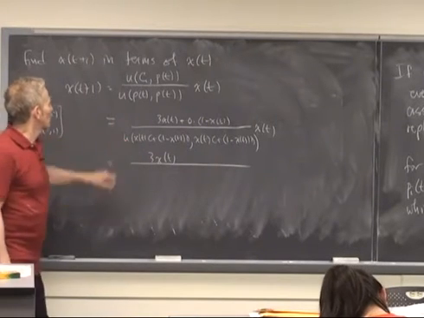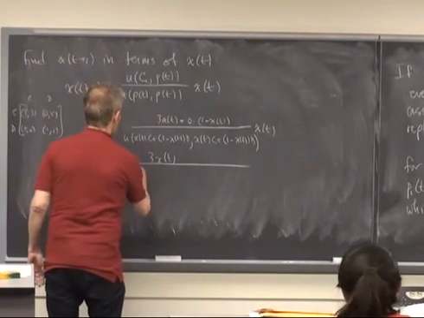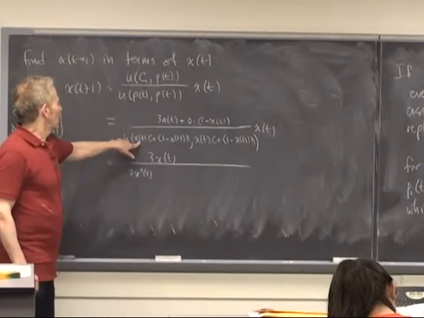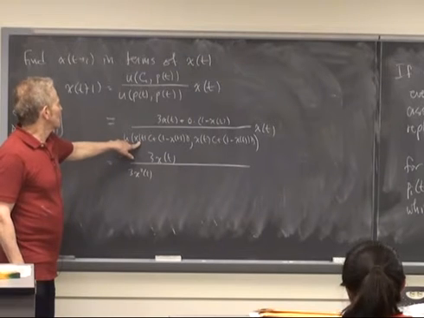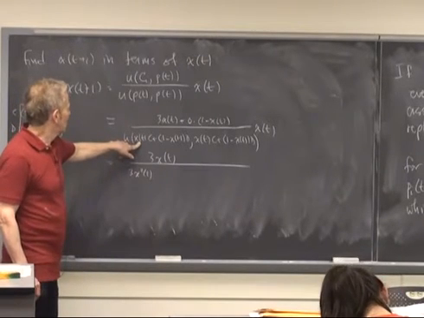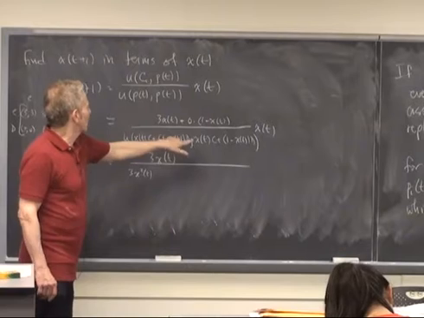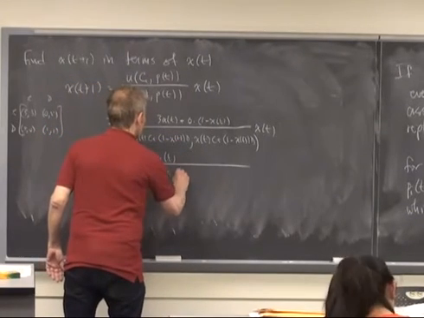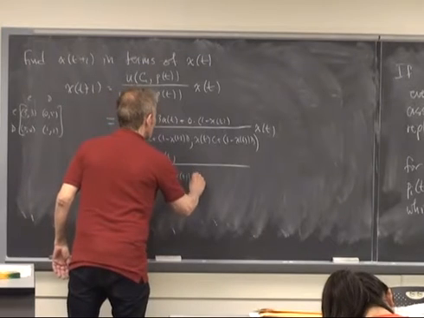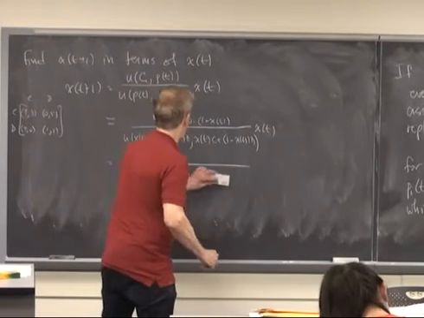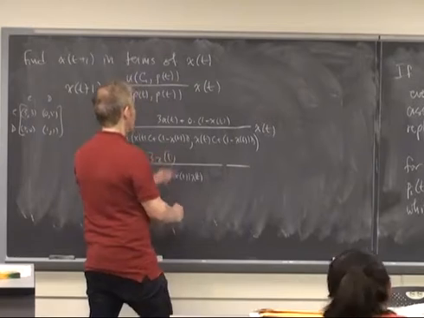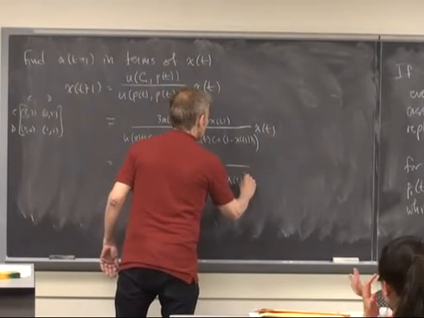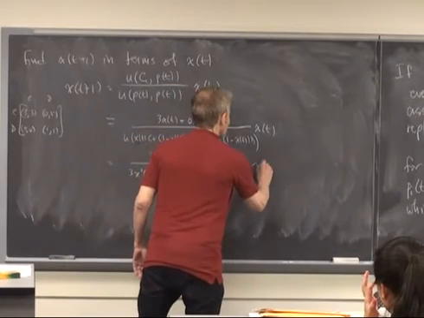X of t squared times u of c against c is going to be 3x of t squared. X of t times 1 minus x of t, c against d is going to be 0. 1 minus x of t, d against c is going to be 5, times 1 minus x of t, x of t. And the d against d is going to be 1 minus x of t quantity squared times 1. And all that has to multiply x of t.